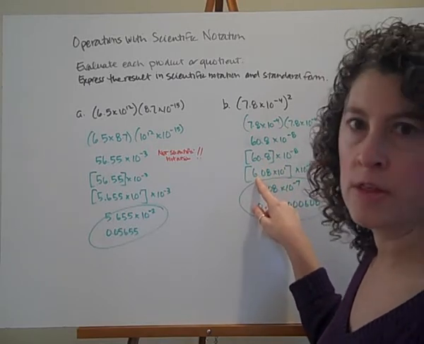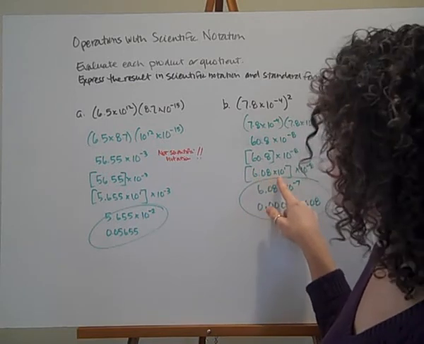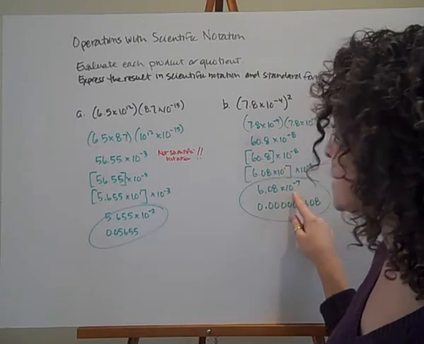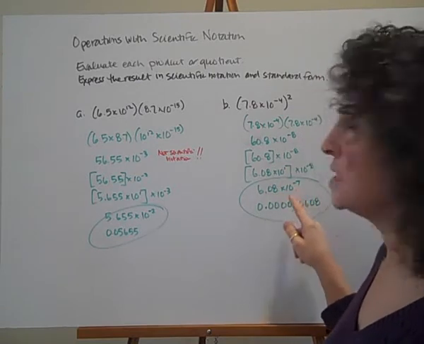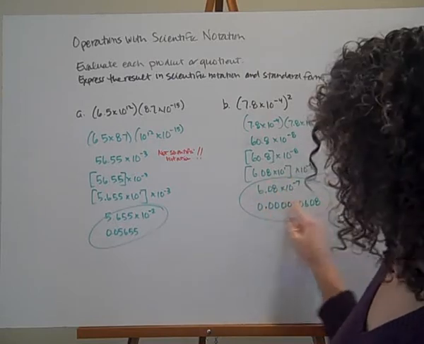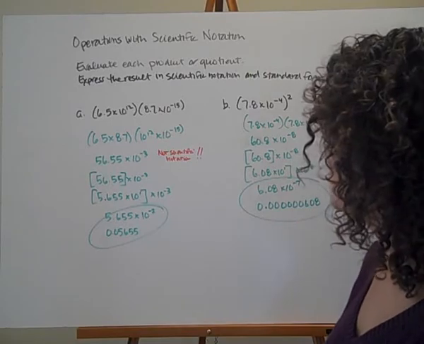So if I convert that first number into scientific notation, it's 6 and 8 hundredths times 10 to the first power. And then I can combine these powers of 10 together and get 6 and 8 hundredths times 10 to the negative 7th power. So there's my scientific version of this number. I'm going to convert that into standard form also, and there it is, in standard form.